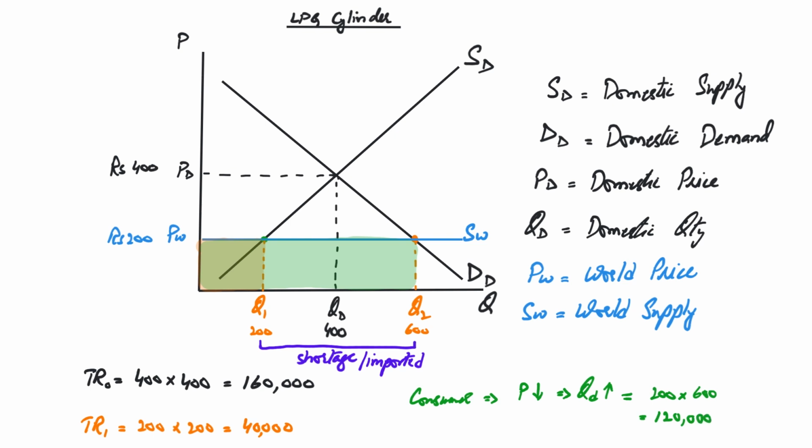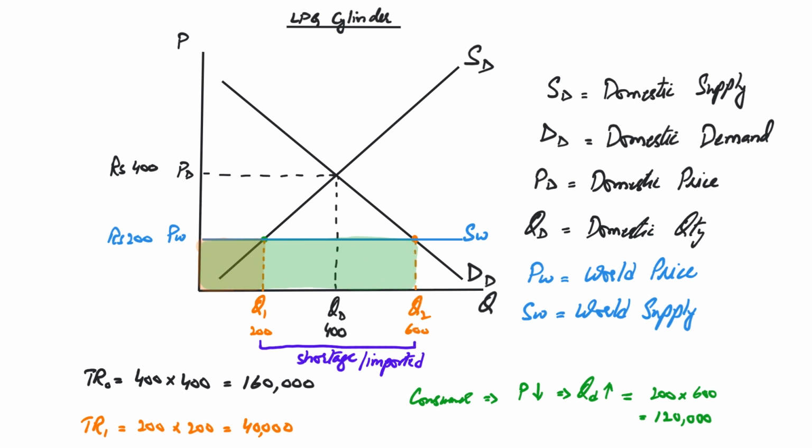So now if you see the numbers before, originally consumers were spending about 160,000 rupees just to consume 400 units. जो पुराना revenue था, PD into QD. Producers were much more in a better off position. In a new situation, consumers are paying lower price and consuming 600 units, a lot more.